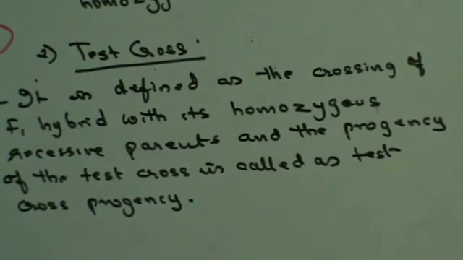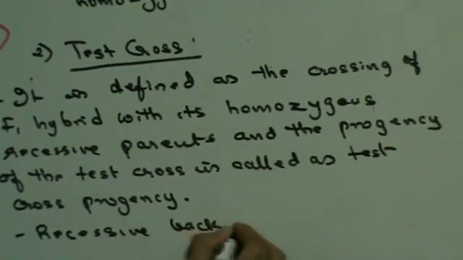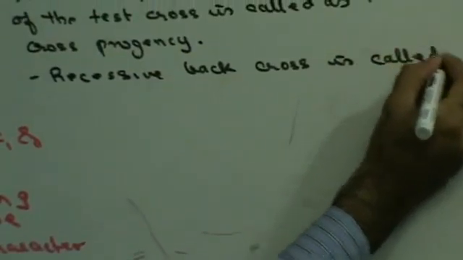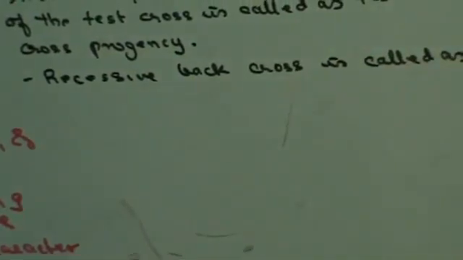Now, recessive back cross is called test cross. So I could say that recessive back cross is called test cross. Whether I say recessive back cross or test cross, it's the same thing.